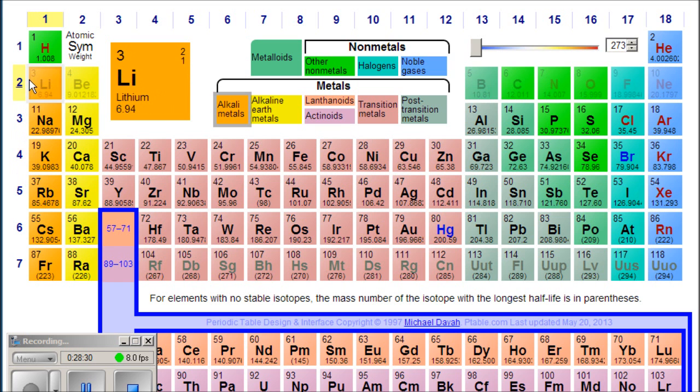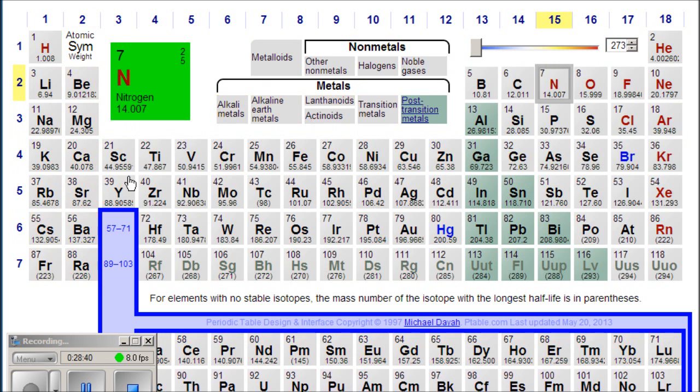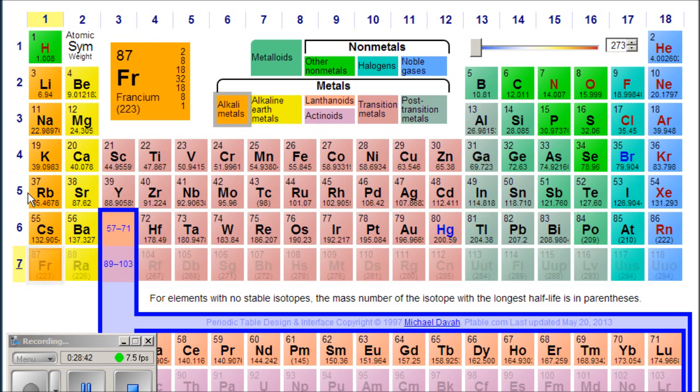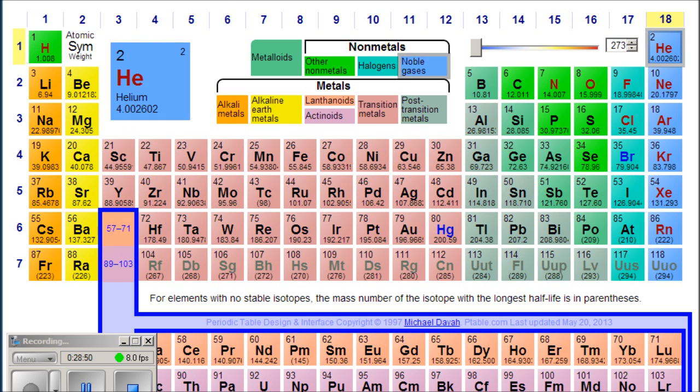So more attractive force between the electron and the nucleus. You have more attractive force as you go up and as you go to the right. So you would expect that you get smaller and smaller atoms as you go up and to the right. Yes? Same phenomenon, different manifestations of the same phenomenon.